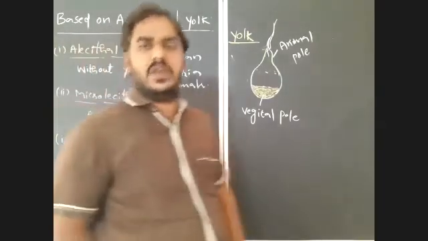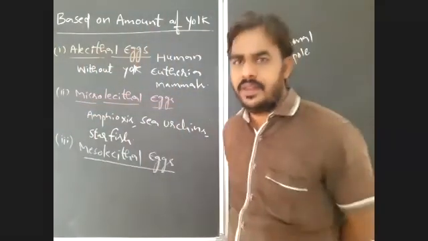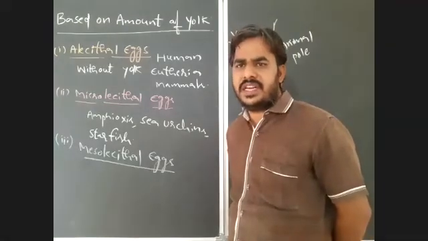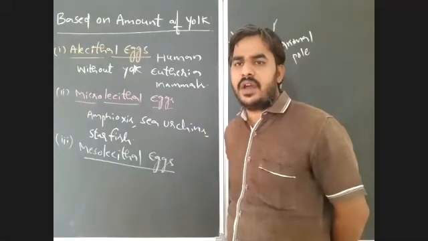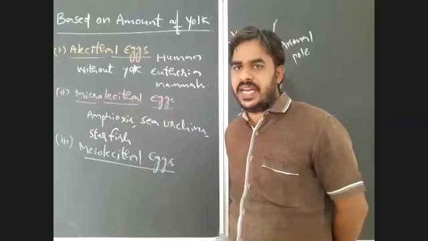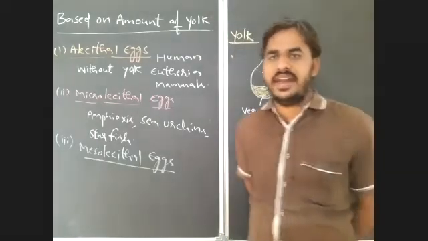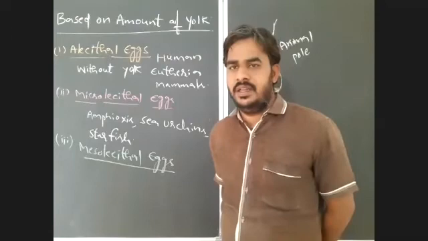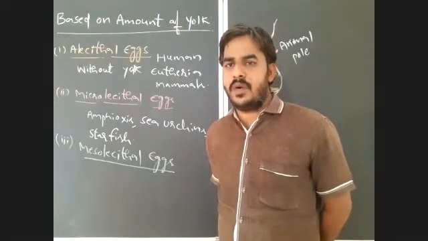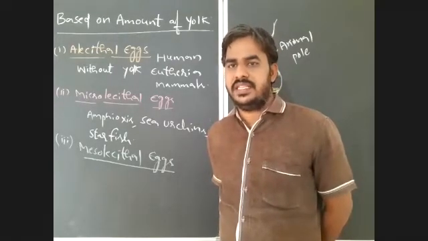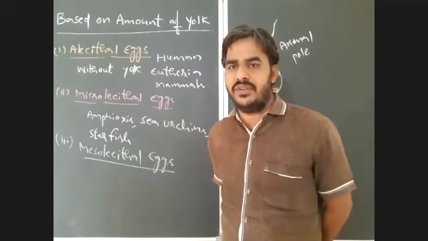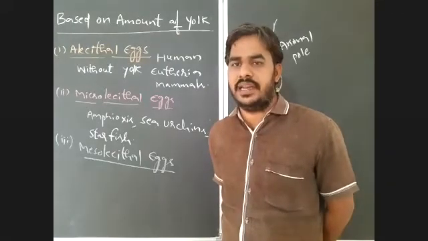What is this mesolecythal egg? The eggs which contain a moderate amount of yolk are known as mesolecythal eggs. The eggs with a moderate amount of yolk are mesolecythal eggs.